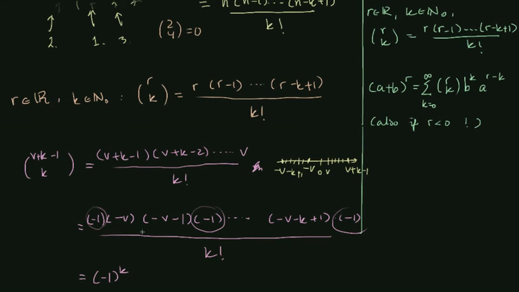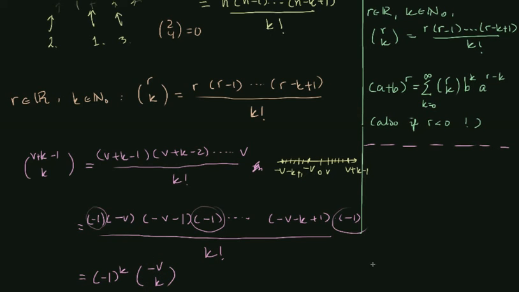So we have k terms where I have some value minus v, where I subtract one more for each term. And that is, by definition, the binomial coefficient for minus v. And this is why this distribution is called the negative binomial distribution, because the binomial coefficient inside the negative binomial distribution is in fact a negative binomial coefficient, or we can write it this way anyways.